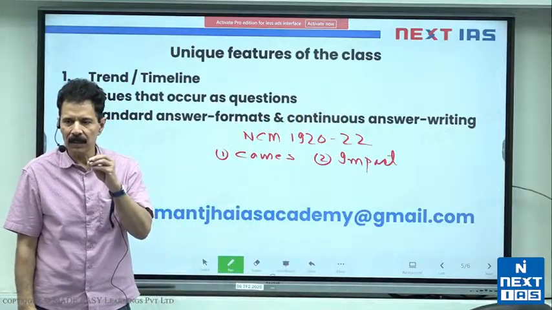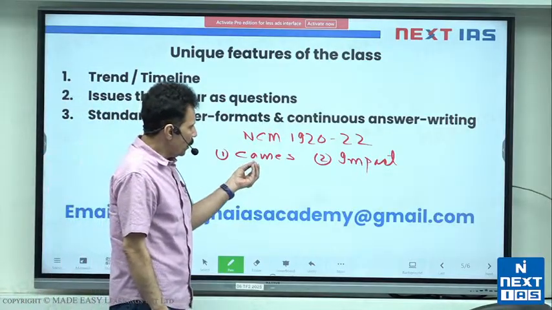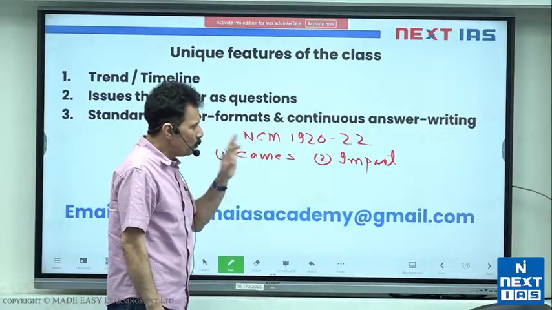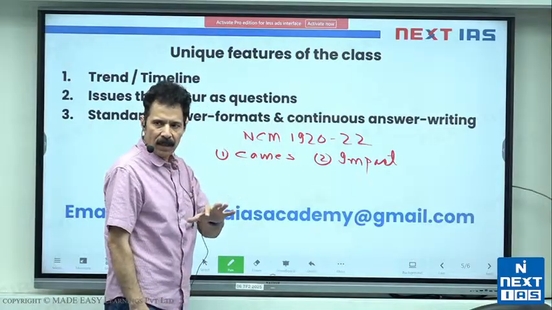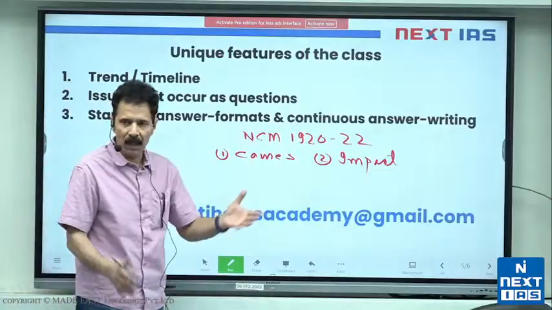But this is fundamentals. Just working on these two, we cannot ensure that if any question has to occur from non-cooperation movement, that would be there and you will be comfortable in handling.